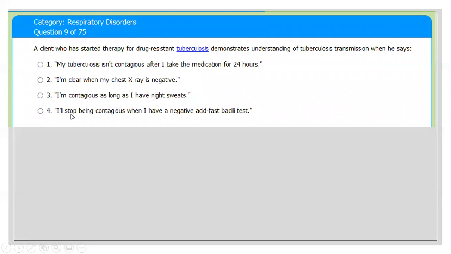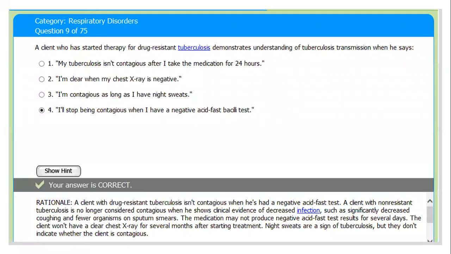Number four, I will stop being contagious when I have a negative acid fast bacilli test. So the answer is: I will stop being contagious when I have a negative acid fast bacilli test.